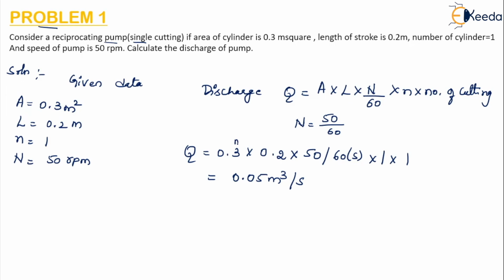Here this is meter square, this is meter, and this is revolutions per second. So here we will get meter cube divided by number of seconds. So the discharge of the pump is 0.05 meter cube per second.